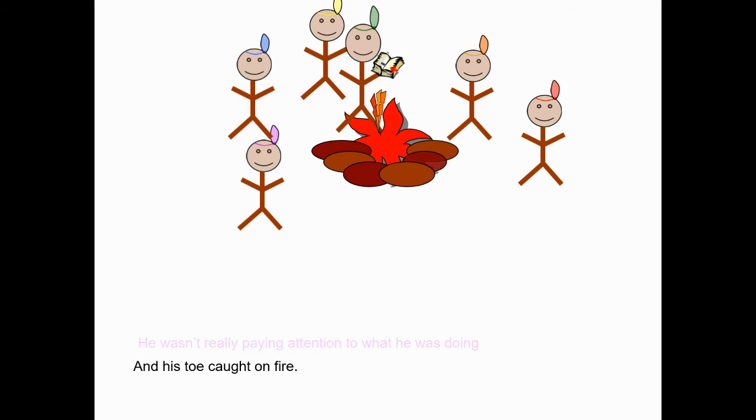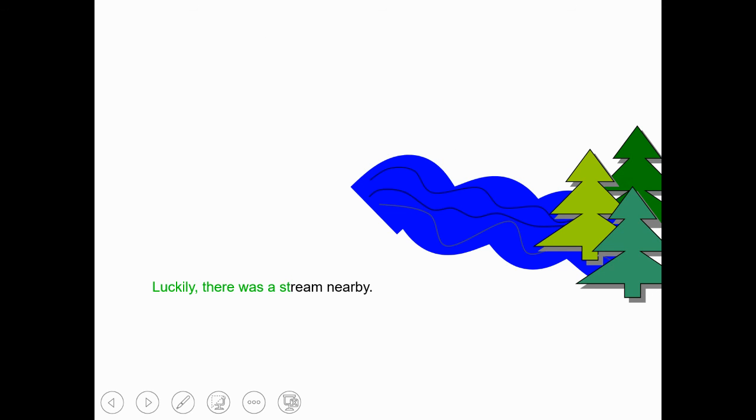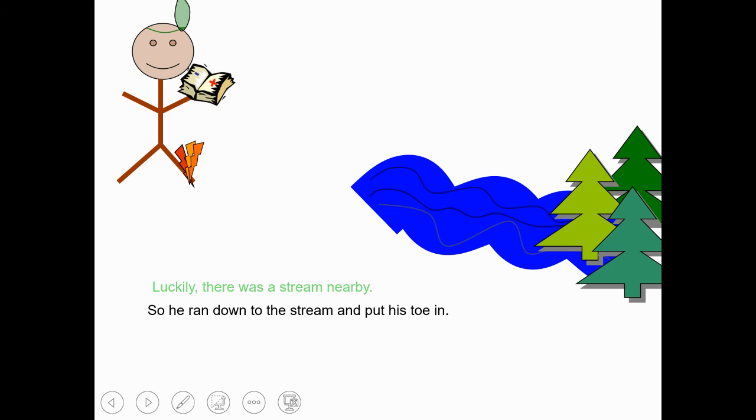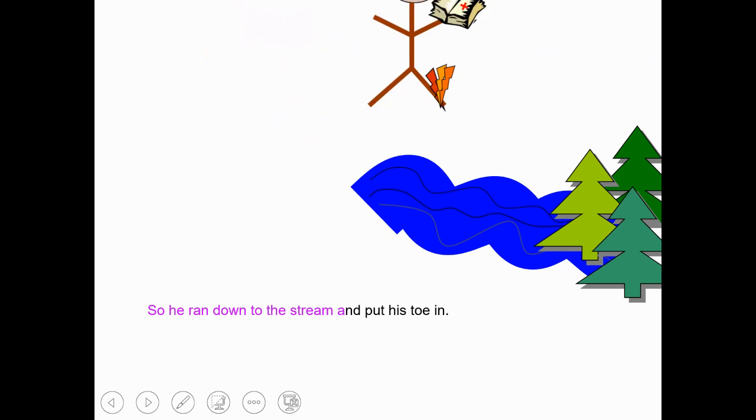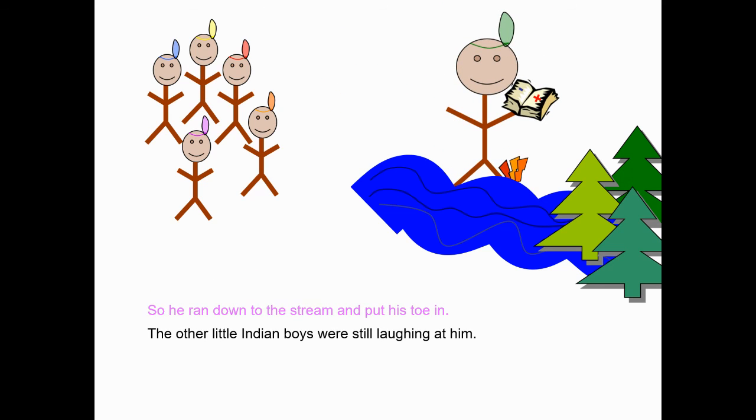And his toe caught on fire. Luckily, there was a stream nearby. So he ran down to the stream and put his toe in.